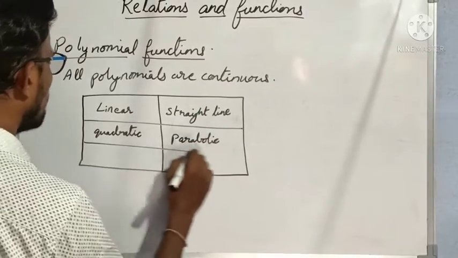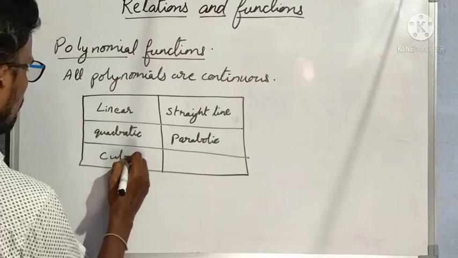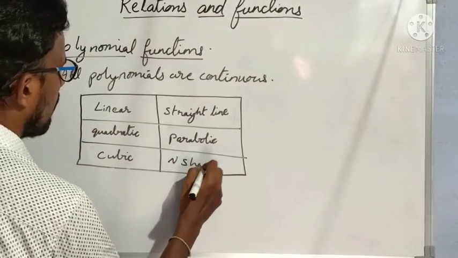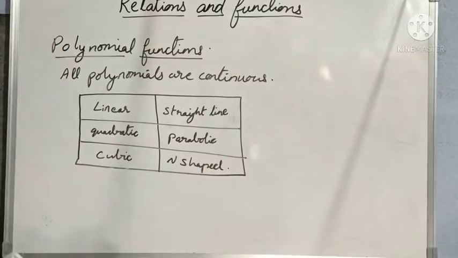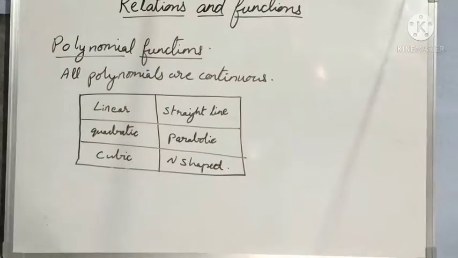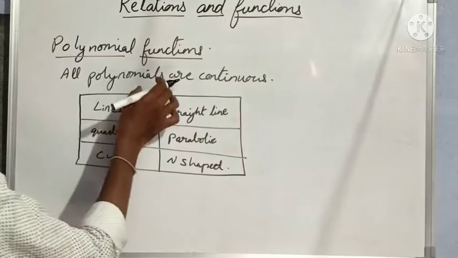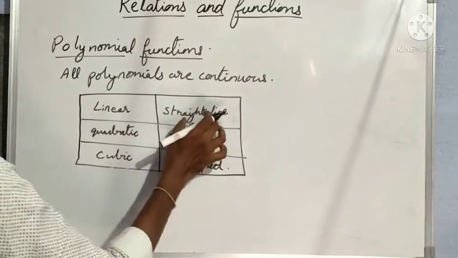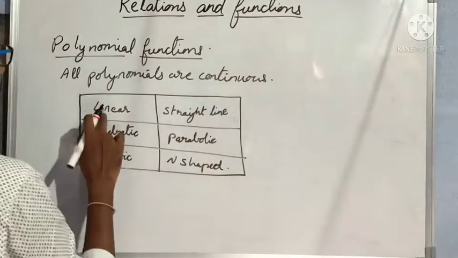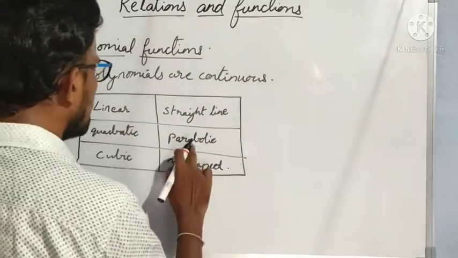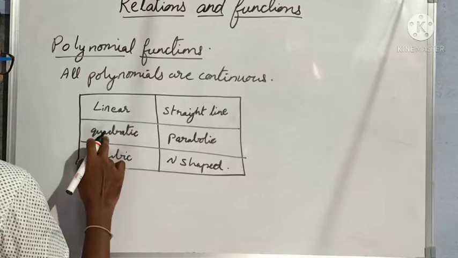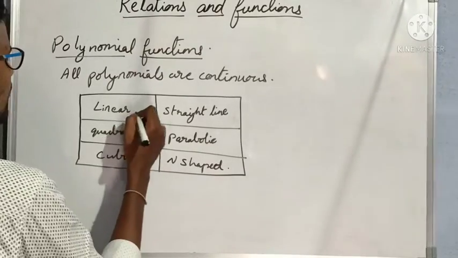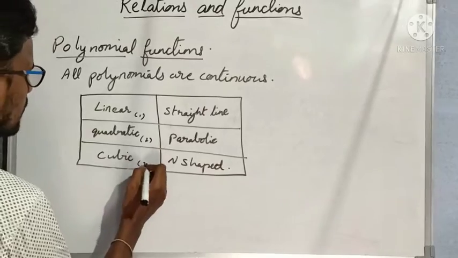And if the polynomial is cubic, then we get an S-shaped curve. By seeing a straight line, we can identify it as a linear function. If we see a parabolic curve, we can identify it as quadratic. Linear means degree 1, quadratic means degree 2, cubic means degree 3.